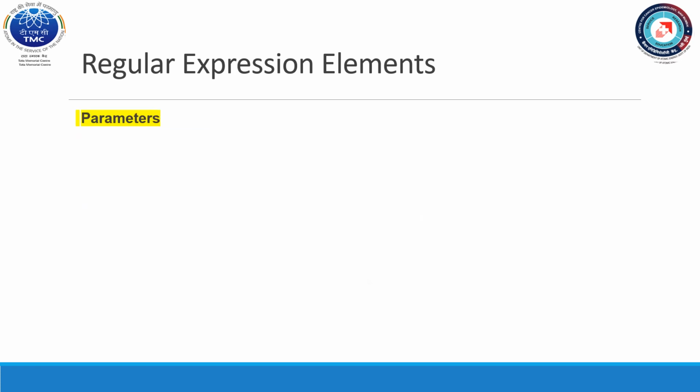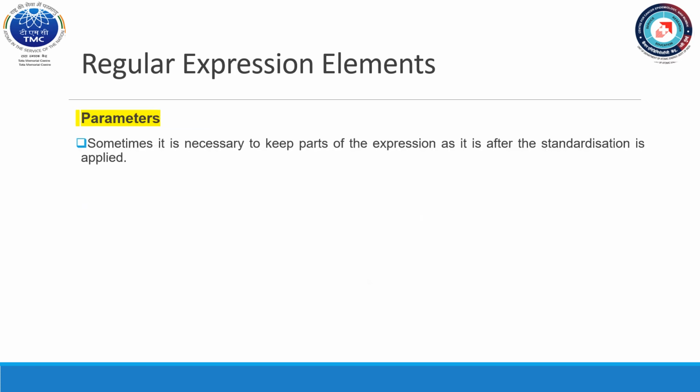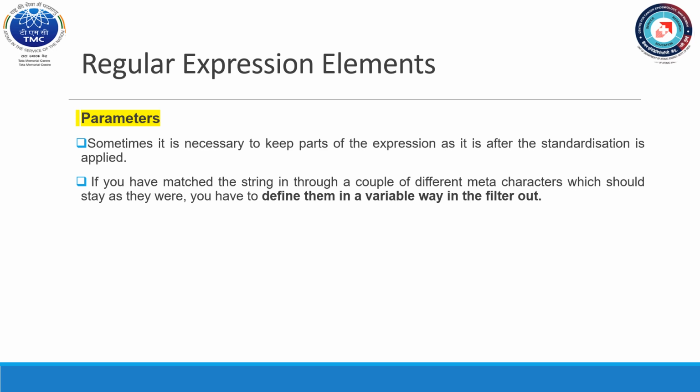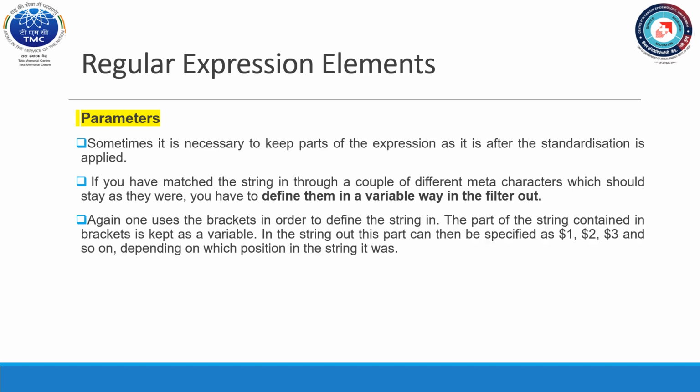Parameters. Sometimes it is necessary to keep parts of the expression as it is after the standardization is applied. If you have to match the string in through a couple of different metacharacters which should stay as they were, you have to define them in a variable way in the filter out.